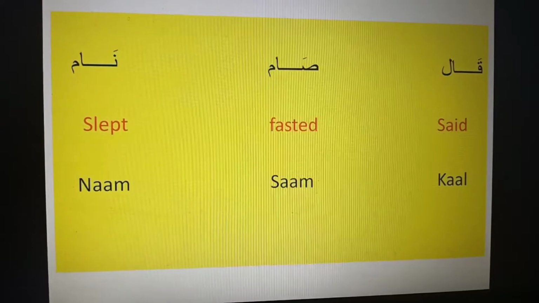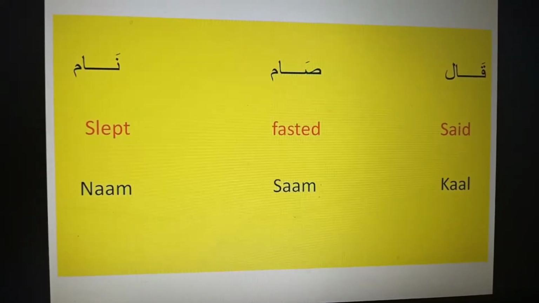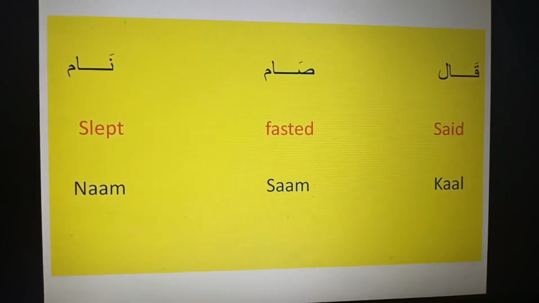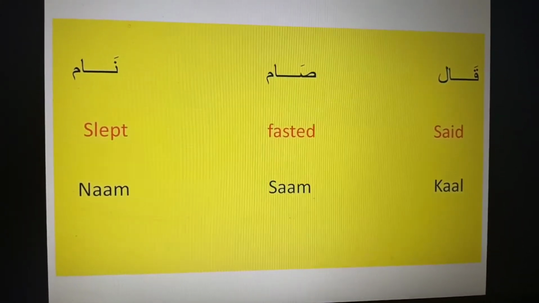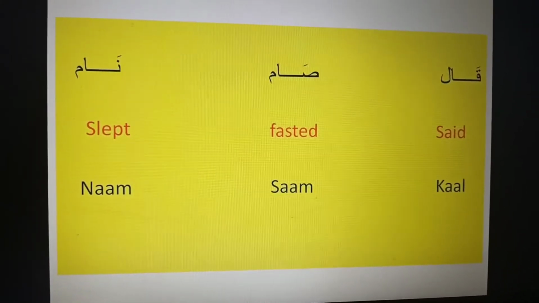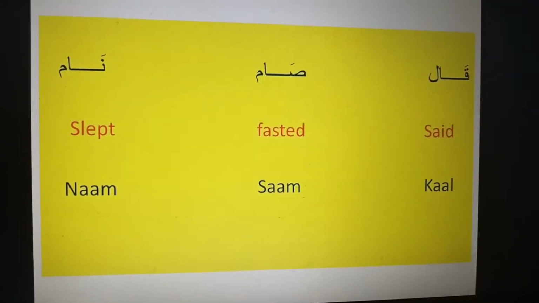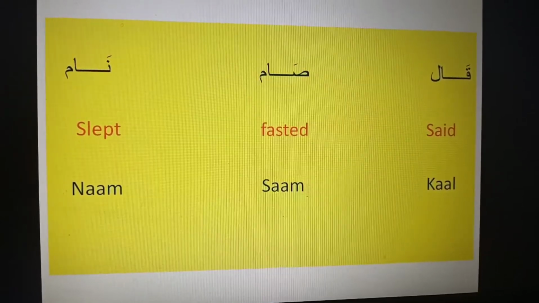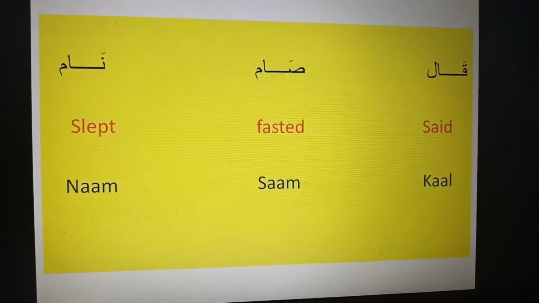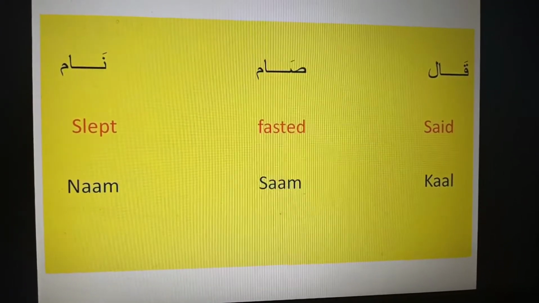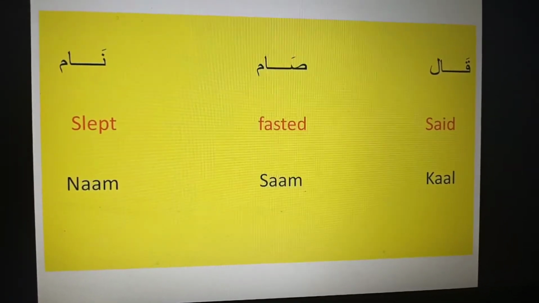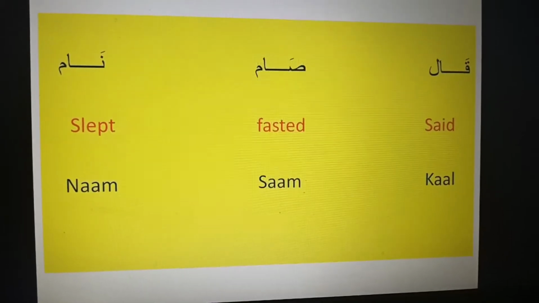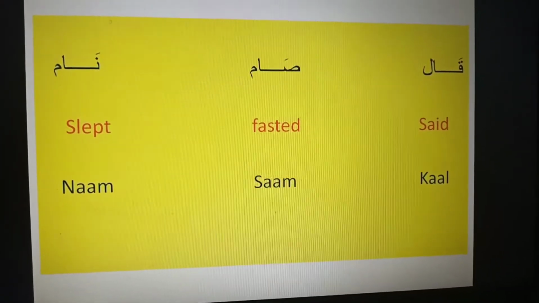And then we have the alif after it, so we add another A. The last letter is mim, which stands for M. So sama: S, double A, the first A stands for the fatha vowel, the second A stands for the alif, and the last letter is M. Mim stands for M. The same goes for the third example.